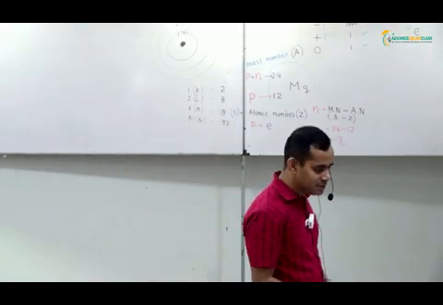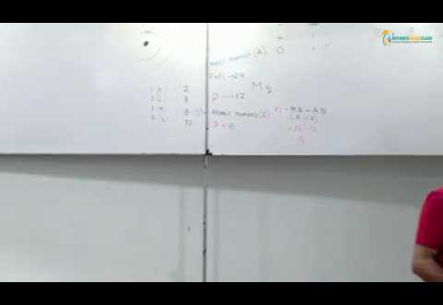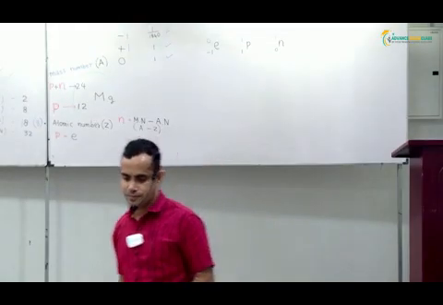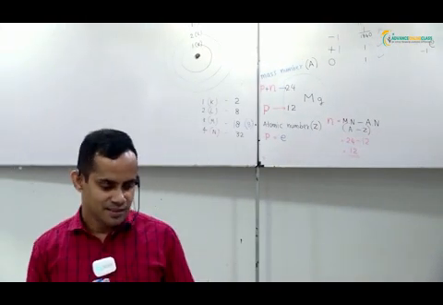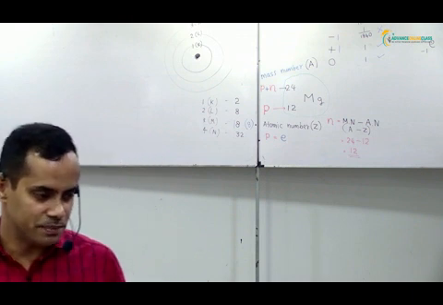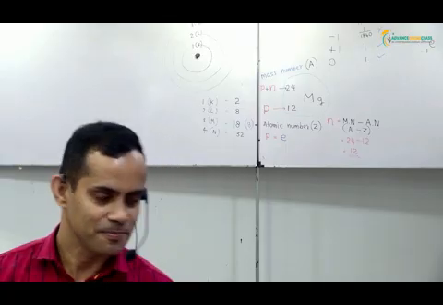Then mass number, P plus N. Let's put simple P, don't put capital P, we use simple p. Right, P plus N is mass number. Near atomic number simple P, near mass number P plus N. That's how it is.